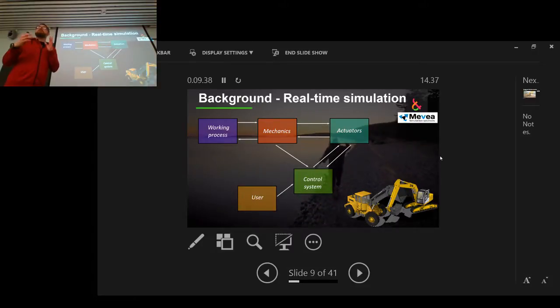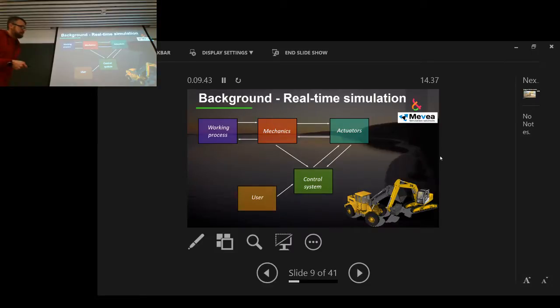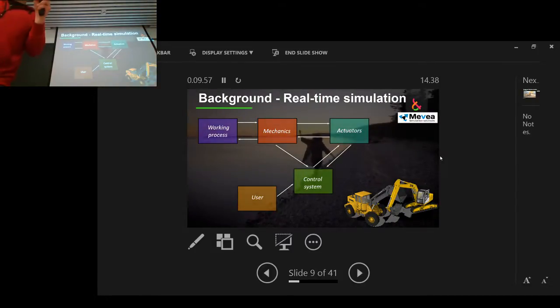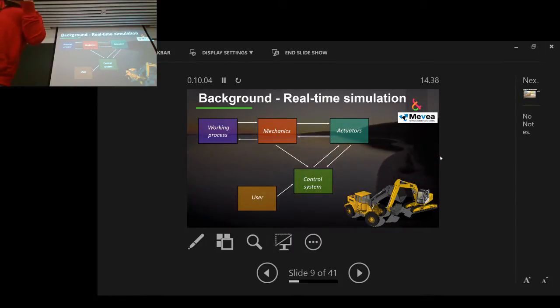It's important that you have a representation of actuators together with the mechanical component. And then the control system, which really is very important in terms of dynamic performance. By the way, the term mechatronic, which I'm sure you've heard. Mechatronic means that this machine consists of mechanical components and electronics. Now, if you make a list of machines without electronics, the list is quite short.